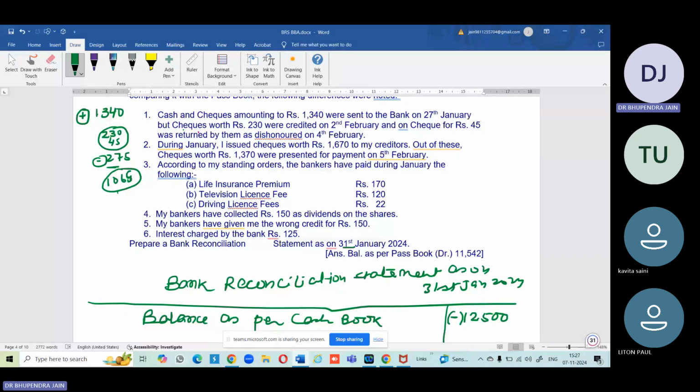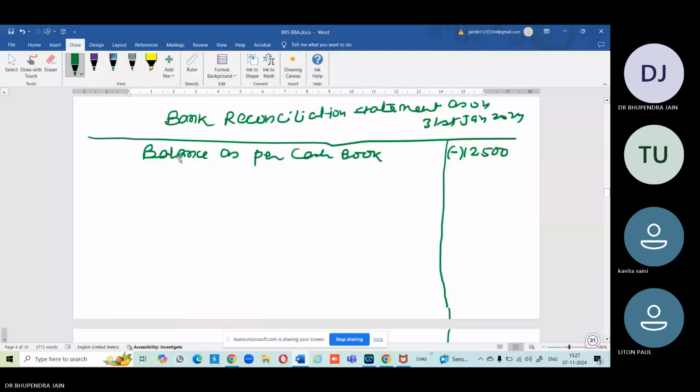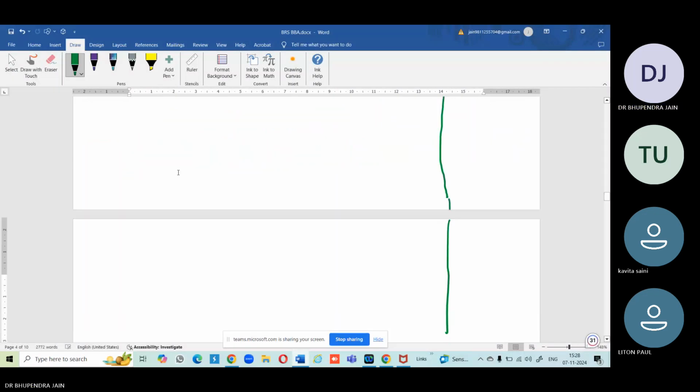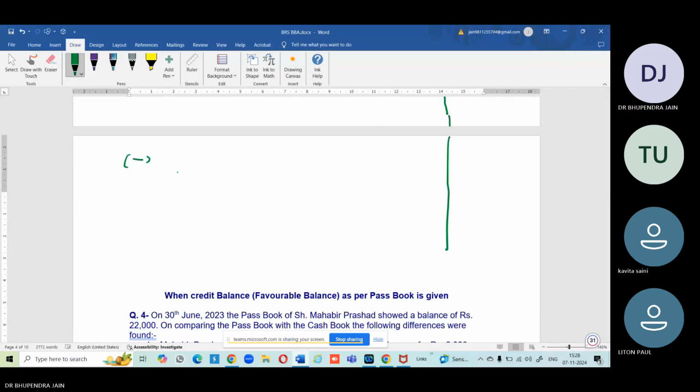So you have increased your balance with 1340, but the bank has increased the balance with 1065. Then you have excess increased the balance by rupees 275. In that case, we have to subtract 275 rupees from the bank balance. Hopefully, you understand the concept. Minus. What will we write?